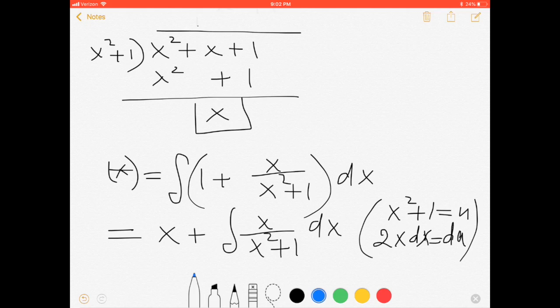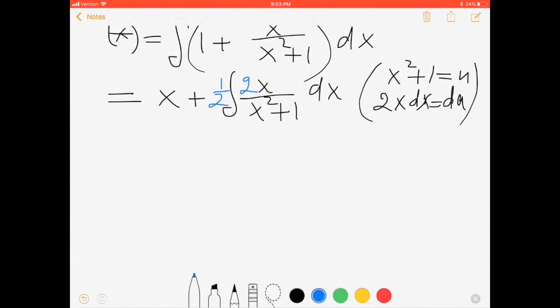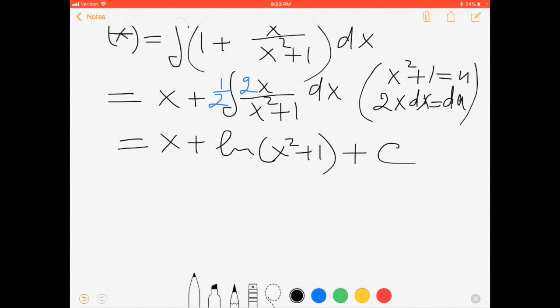It looks like I need 2 here. Okay, I write 2, which means I write 1/2 there, and nothing changes because I can multiply by 2 when I want. Finally we have x plus natural log of x squared plus 1. As you see, I don't use absolute value here because x squared plus 1 is always positive. This means we don't need any absolute value. Plus c.